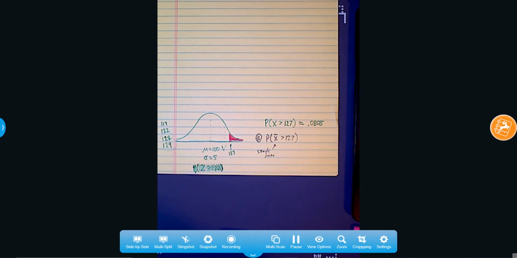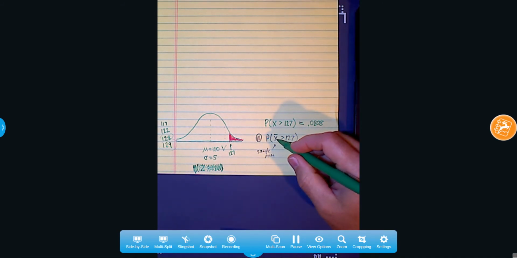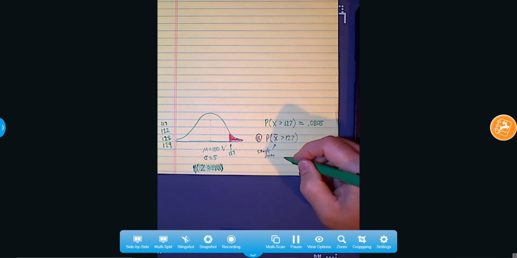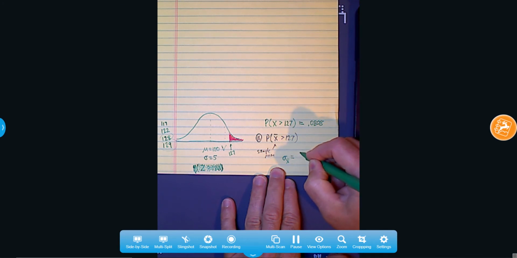And this was related to the fact that the standard deviation for the means ends up being the standard deviation you had over the square root of n. So again, the way we wrote that was the standard deviation of the means is the standard deviation you had over the square root of n.